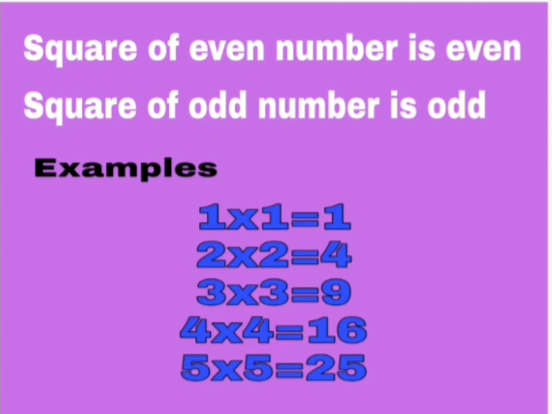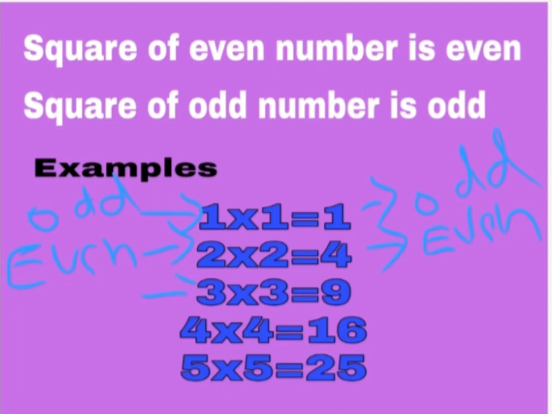Here 1 is an odd number, and when we squared 1 we got 1 again, which is again an odd number. In the same way 2 is an even number, so when we square 2 we got 4, where 4 is an even number again.